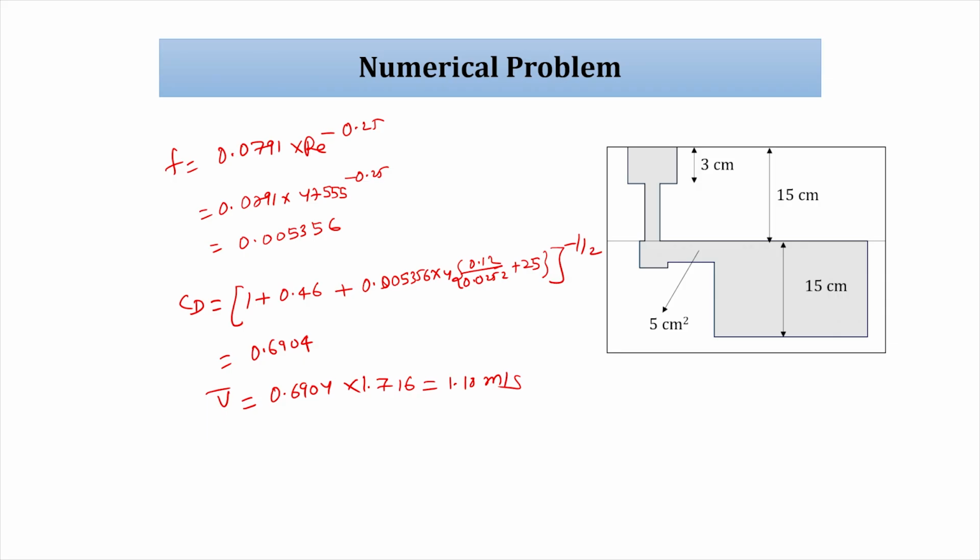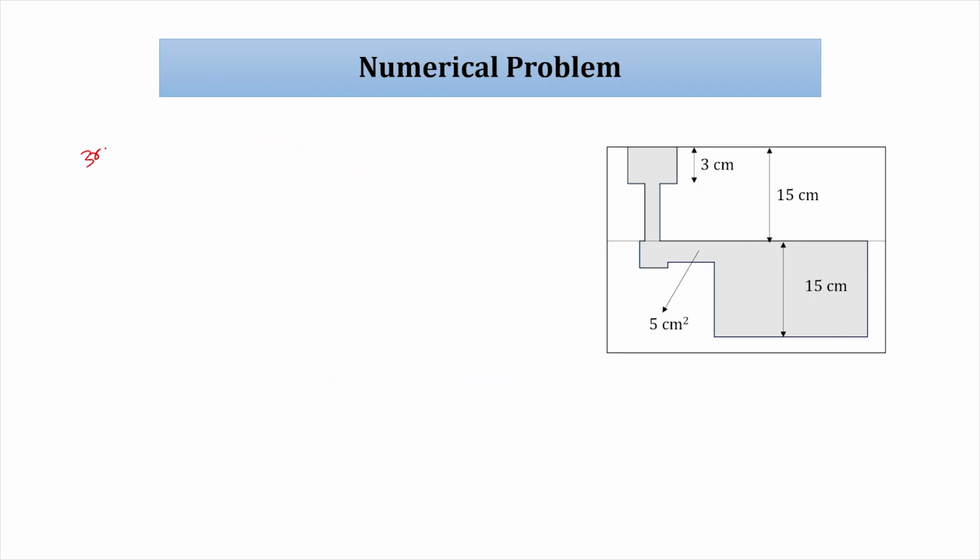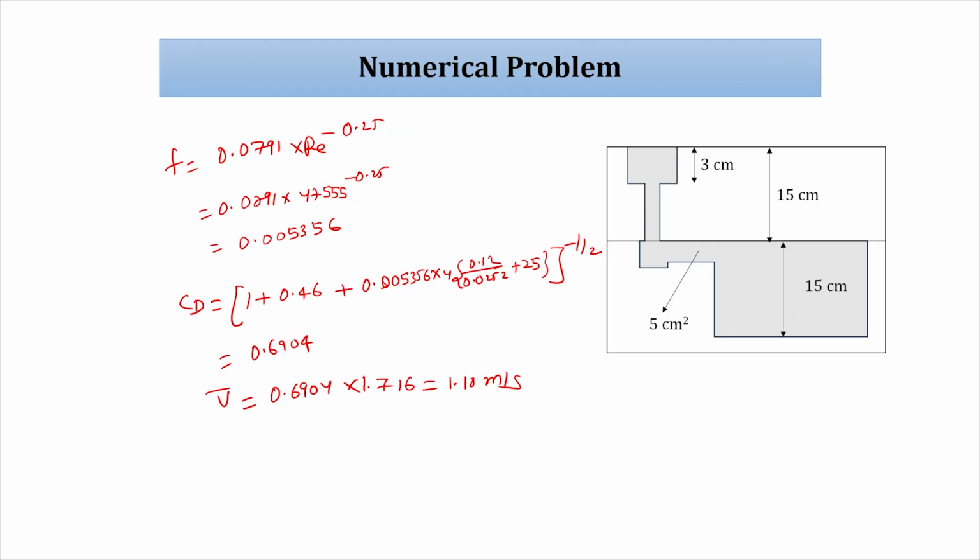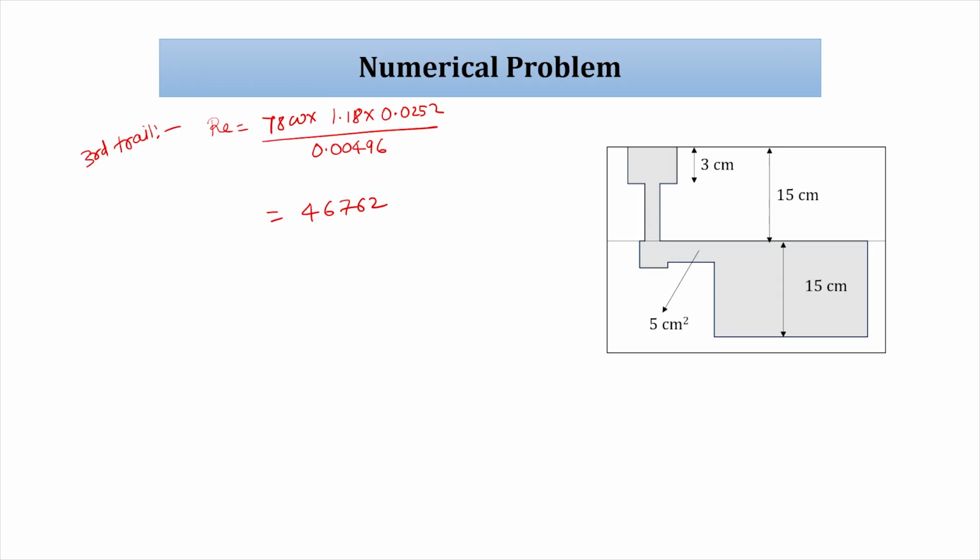Now, based on this, again you will calculate the third iteration, trial. Reynolds number is 7800 into 1.18 into 0.0252 divided by 0.00496, okay, and it is 46,762. The last Reynolds number was 47,555, here 46,762, there is not too much change.